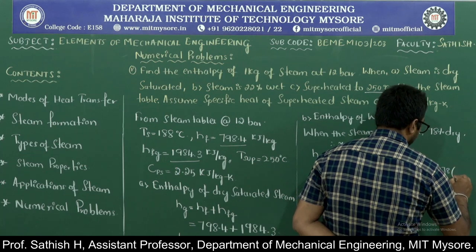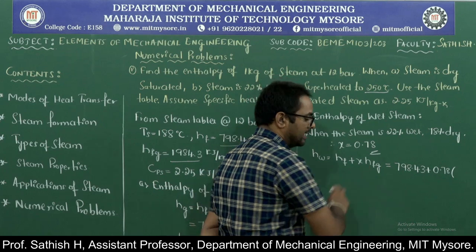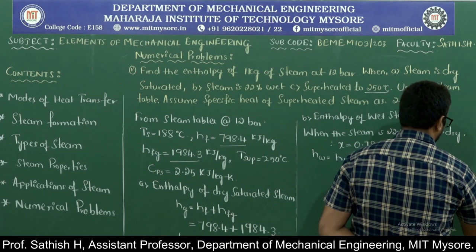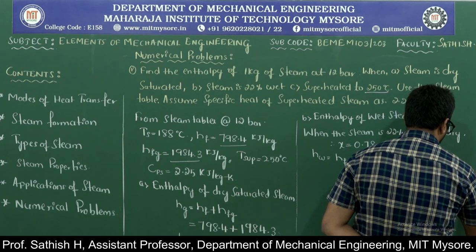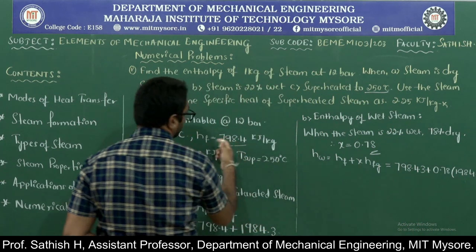0.78 times what is the value of Hfg, the latent heat of evaporation, that is 1984.3, which we have also taken from the data handbook and noted down here.